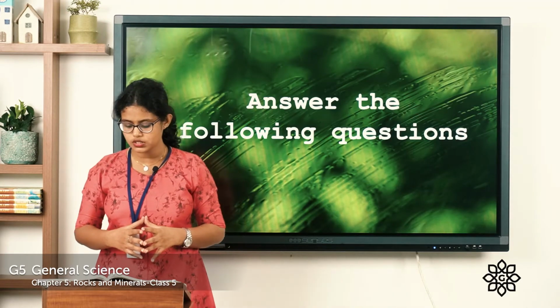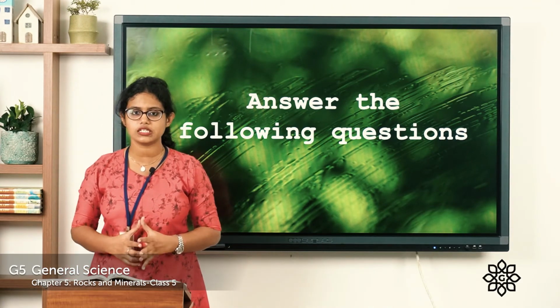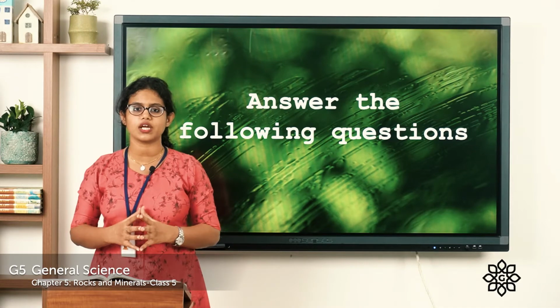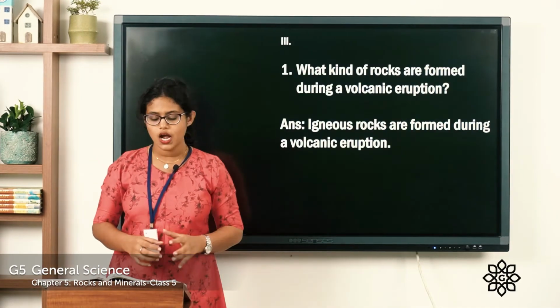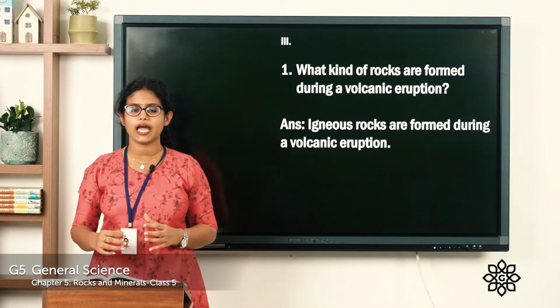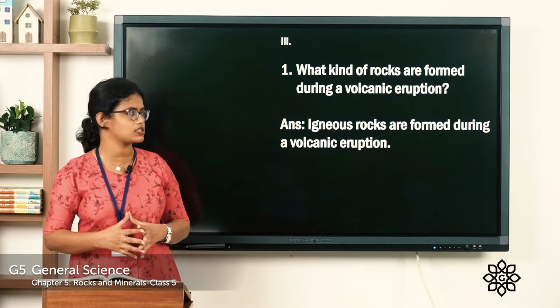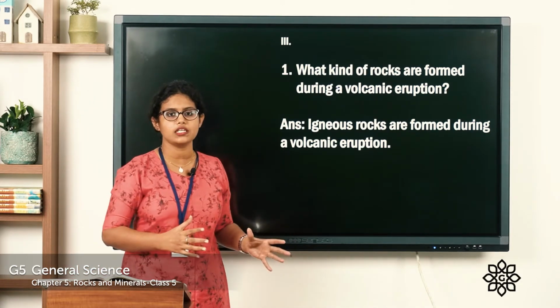Coming to the third question, that is, answer the following questions. So first, we'll discuss the answers. After that, you can write it down in your notebook. The first question. What kind of rocks are formed during a volcanic eruption? So you can see the answer here. Igneous rocks are formed during volcanic eruption.